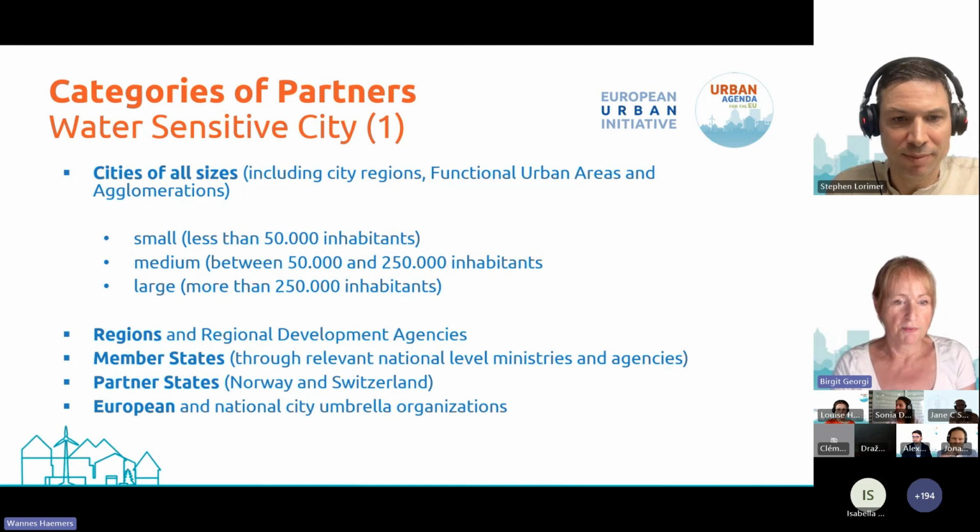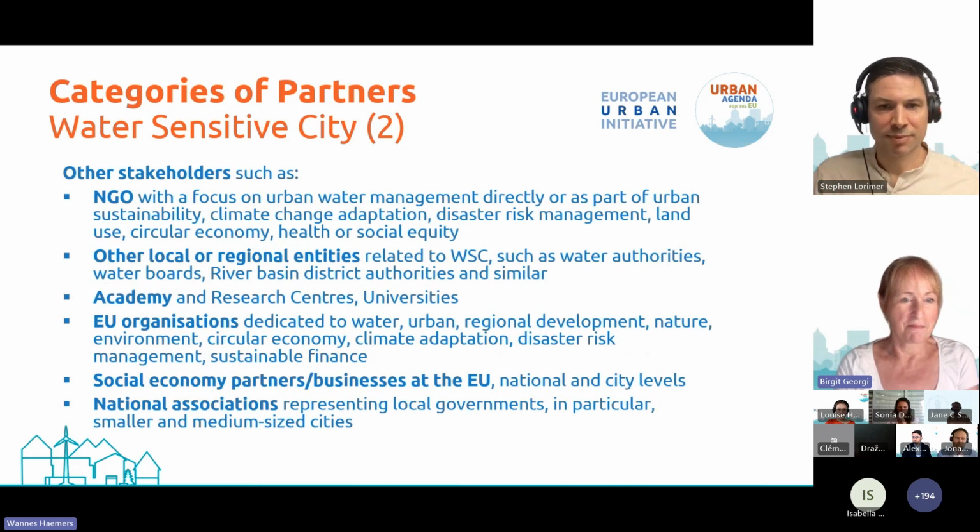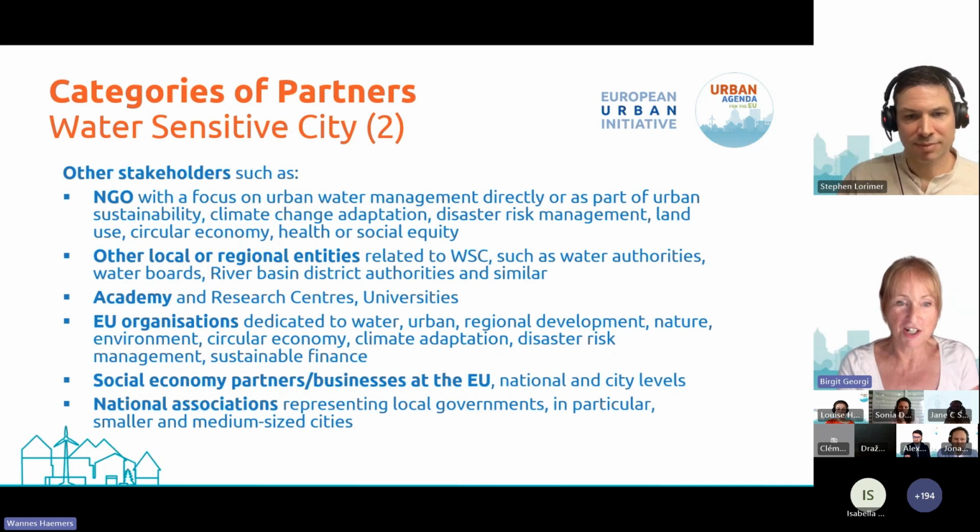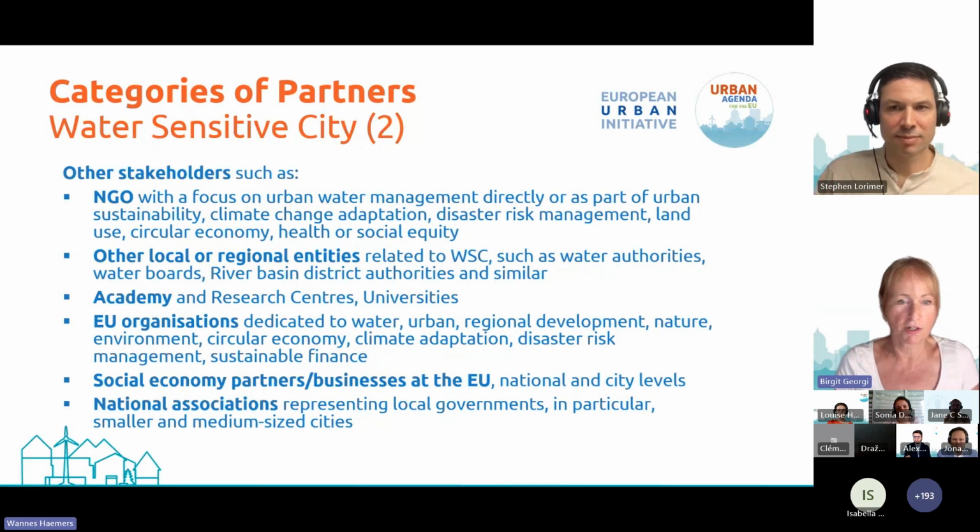And then we have European and national city umbrella organizations. And finally, we have a category on the next slide, other stakeholders, which could be NGOs. I think that was also a question earlier. NGOs with the specific focus already mentioned. Other local or regional entities related to water-sensitive cities, such as water authorities, water boards, river basin district authorities or similar.